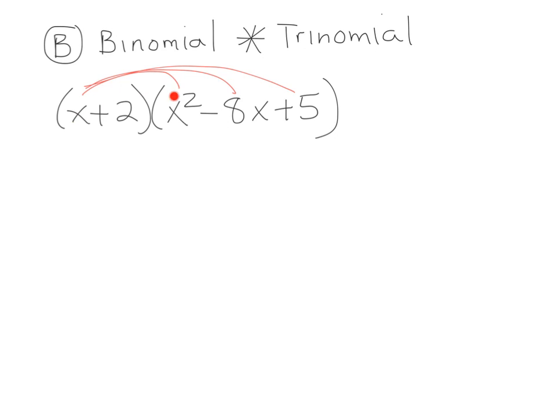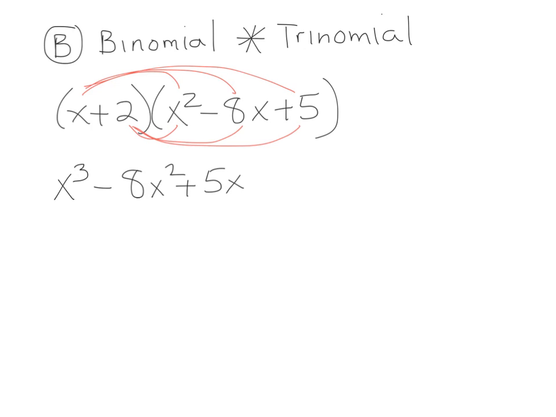That will give me x times x squared is x to the third. X times negative 8x, negative 8x squared. X times 5, 5x. So I distributed the x, and now I need to double distribute, which means I need to distribute the 2.